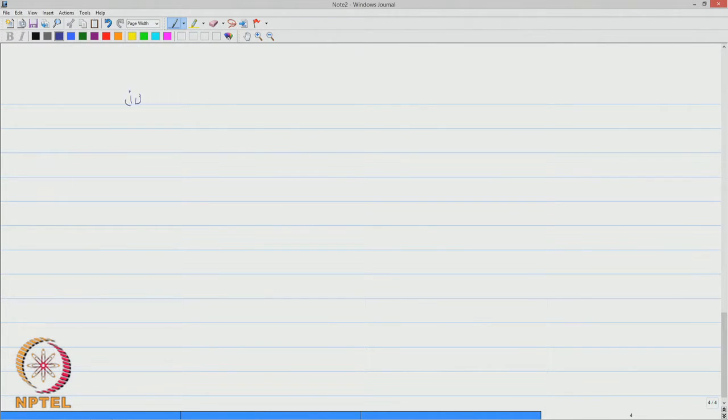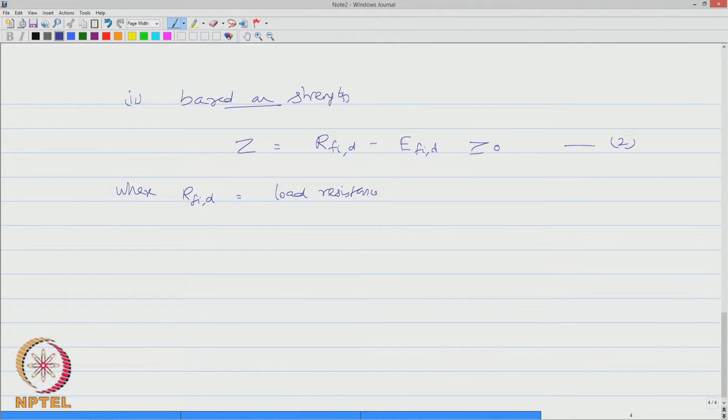Alternatively, one can estimate also based on strength. Z = R_fi,d - E_fi,d, which should be greater than 0, where R_fi,d is the load resistance and E_fi,d is the load effect.